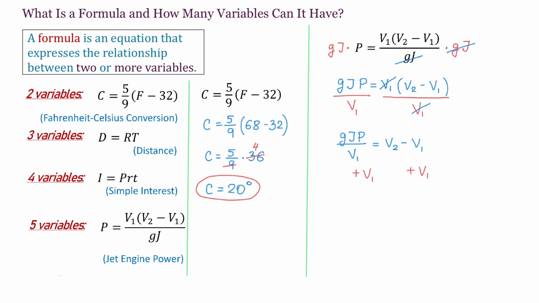Then on the right side, negative V1 and positive V1 will cancel, and we will have GJP over V1 plus V1 equals V2. And now this formula is solved for V2 because V2 is isolated on one side.